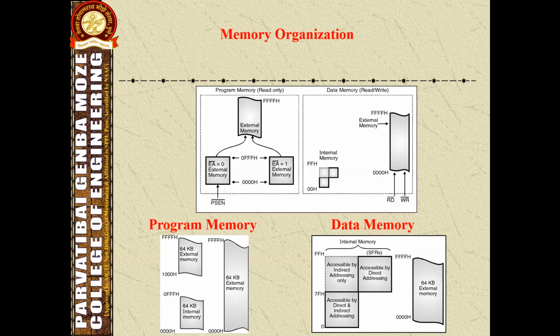These are the addresses here. This is the address of internal program memory, and this is the address of external program memory. So the total address range includes internal and external memory both.